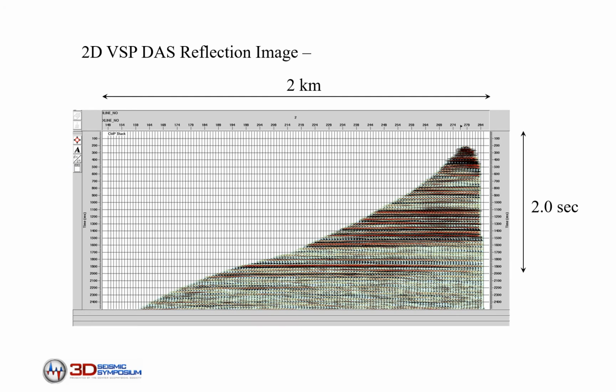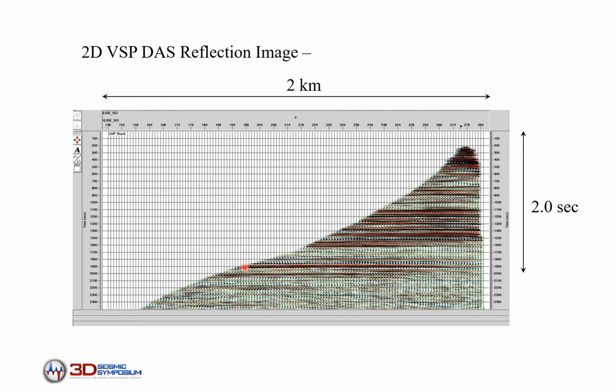I'll just quickly show an example here of a 2D walkaway VSP that was processed by my co-author, Rich Van Dock. So this is about 2 kilometers horizontally here. This is a final 2D reflection image, pre-stack time migration. The vertical axis here is a time axis, two-way time, and this is roughly the target zone, as I understand it.